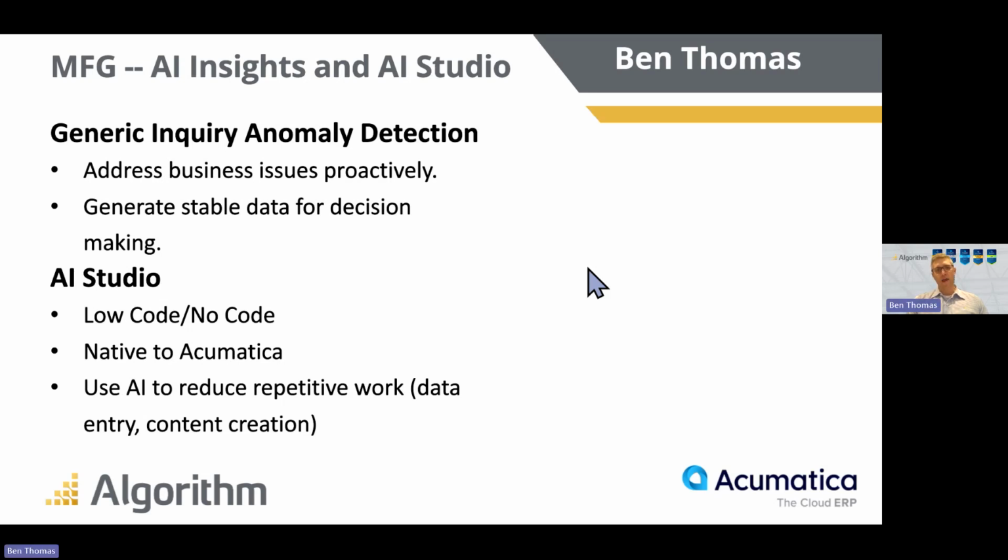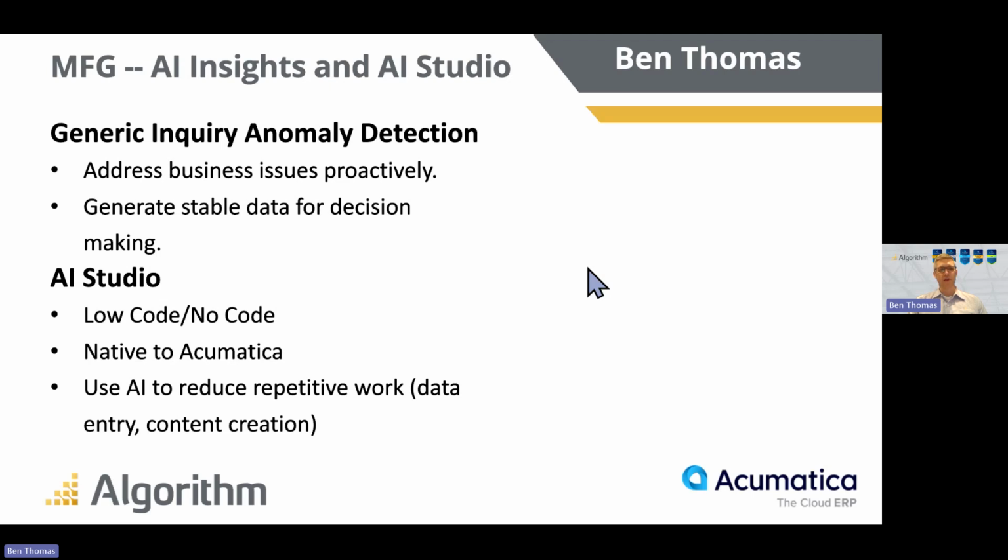So AI Insights will deal specifically with generic inquiry anomaly detection. And that's really just a big phrase to say it's a new way to process and interpret data over time. It's like a data finder, or a data detective.